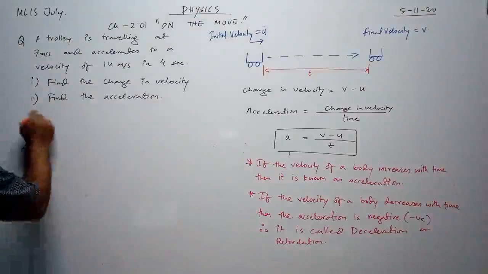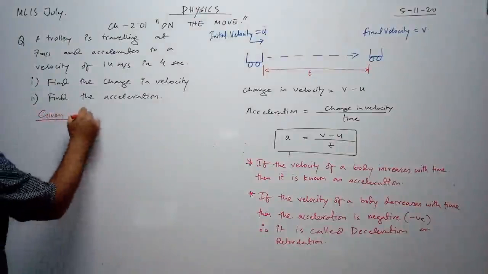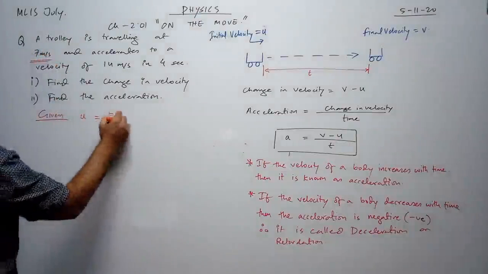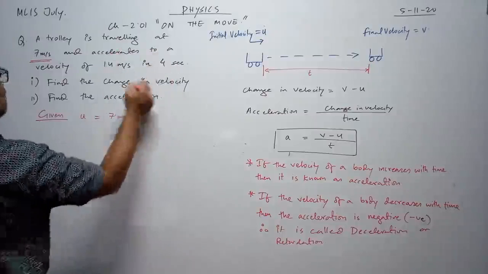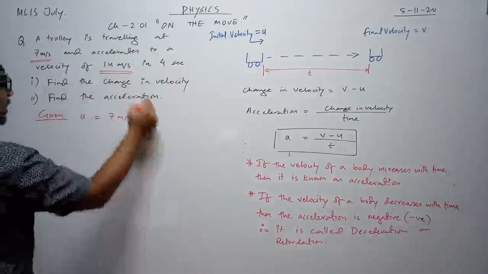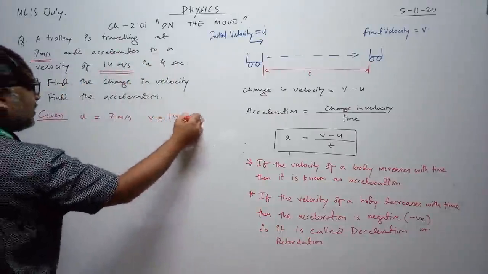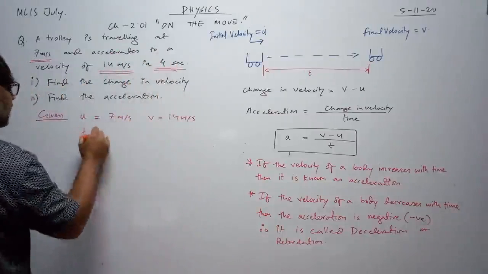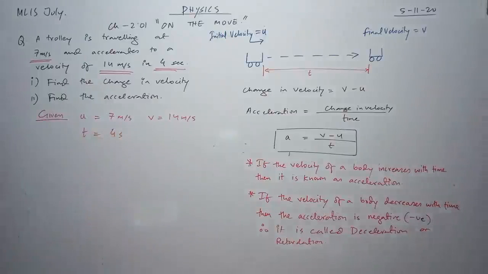So coming back to the question, before we do any kind of sum, what I want to do is gather the information. So the given information is initial velocity u is 7 meter per second. Final velocity v is 14 meter per second. Time to accelerate is 4 seconds.